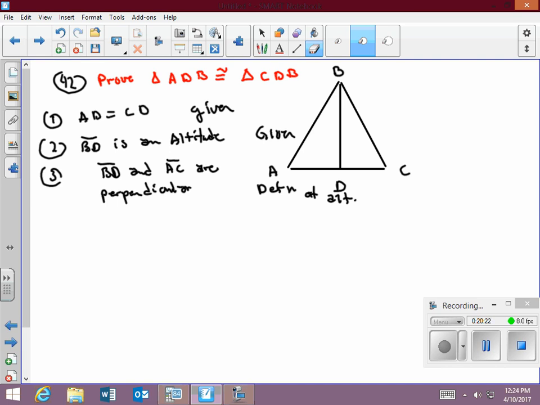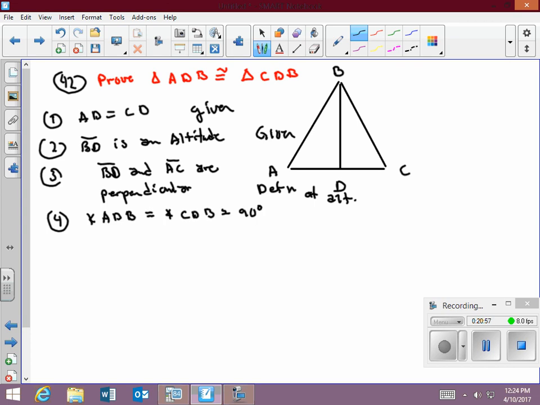So then can we say anything about the angles? Yeah, angle ADB and angle CDB are 90-degree angles. So what we could do is this: angle ADB is equal to angle CDB equals 90 degrees.